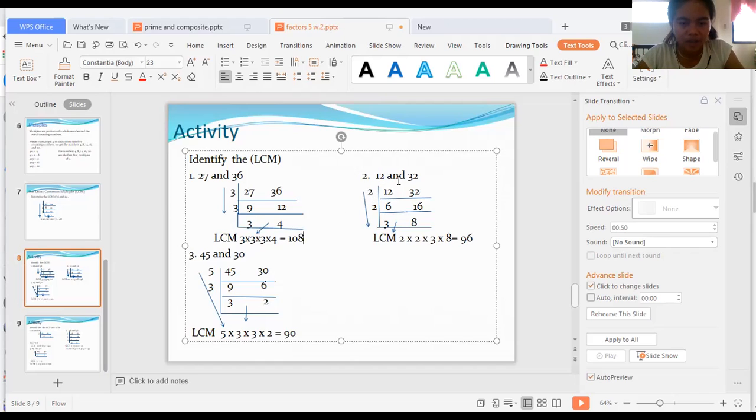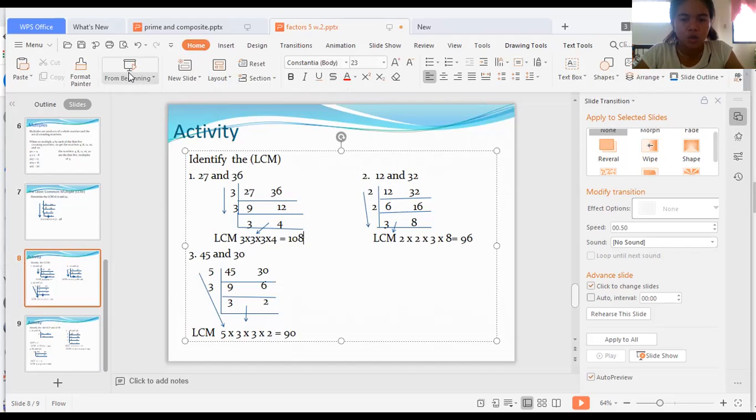Then, find the LCM of 28 and 32. So 28 and 32 are both divisible by 2. So 28 divided by 2 is 14 and 32 divided by 2 is 16. Then 14 and 16 are divisible by 2 again. So 14 divided by 2 is 7 and 16 divided by 2 is 8. So we bring down the 2 and 2, times 7 and 8. The 7 and 8 are no longer divisible by each other, so they remain.